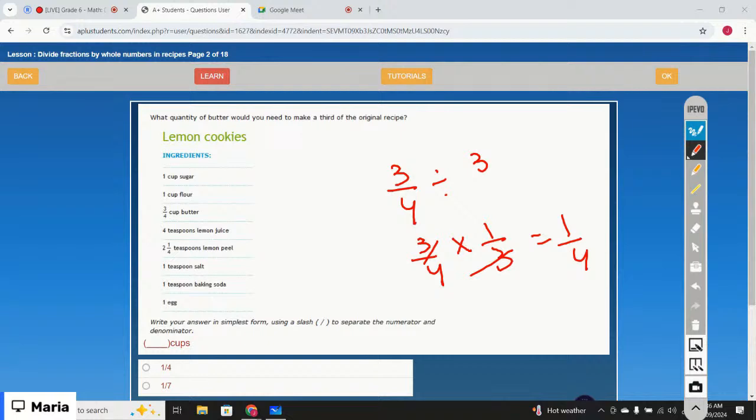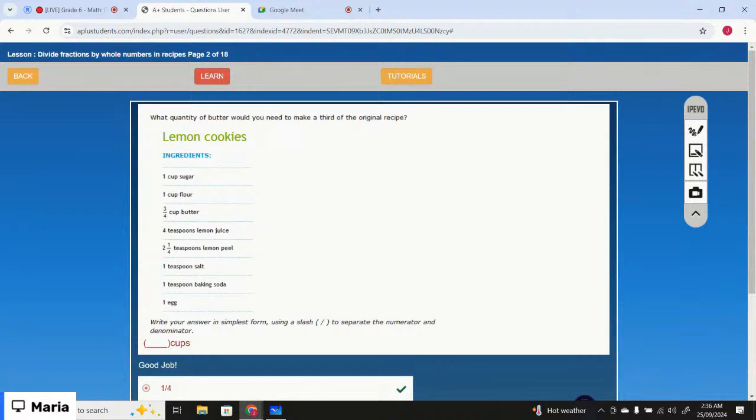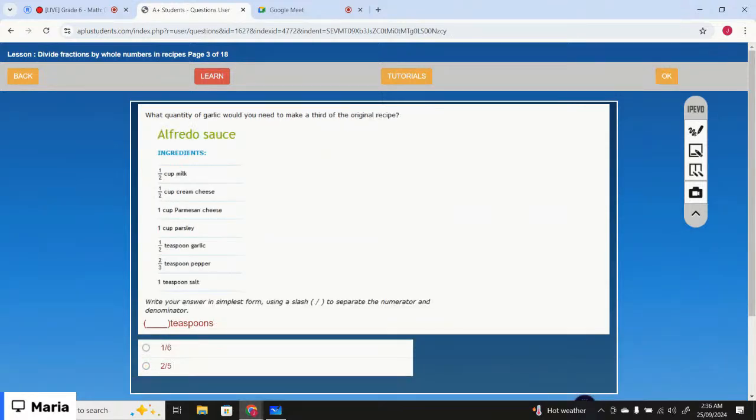So the correct option is 1 over 4. Option number 1 is the correct option, that is 1 by 4. What quantity of garlic would you need to make a third of the original recipe?